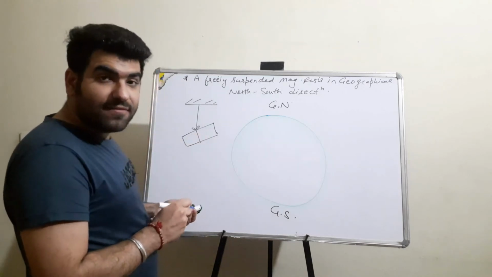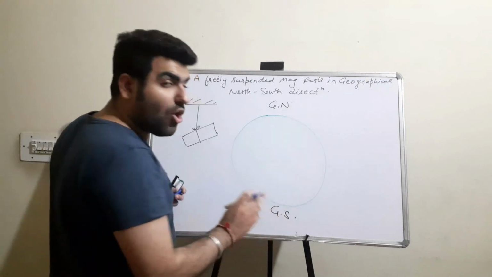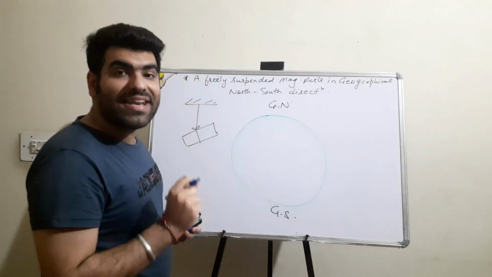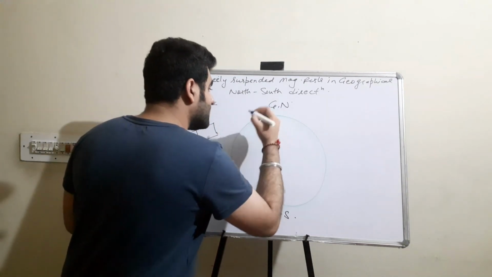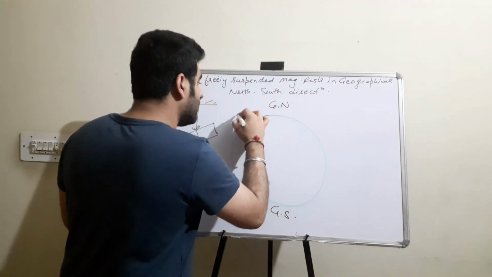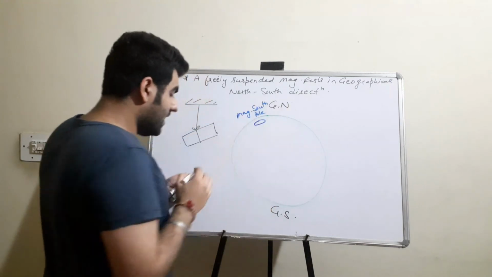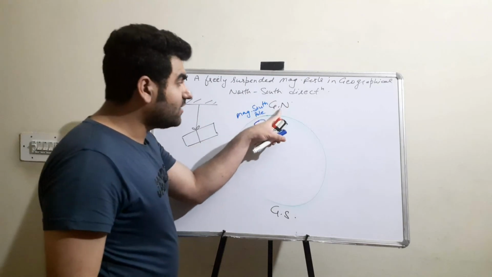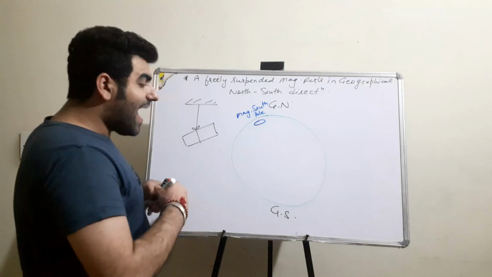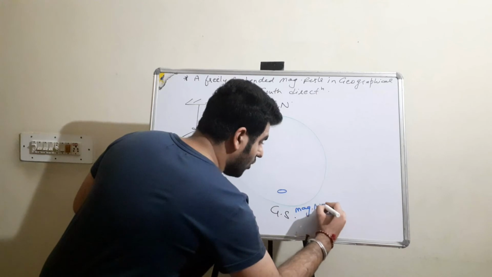It has been observed that the magnetic poles of the earth are at the opposite sides. That means where there is geographical north, there is magnetic south. So somewhere here is the magnetic south pole, let me write it down clearly. This is the magnetic south pole. Towards the geographical north is the magnetic south pole of the earth, and towards the geographical south there is the magnetic north pole.